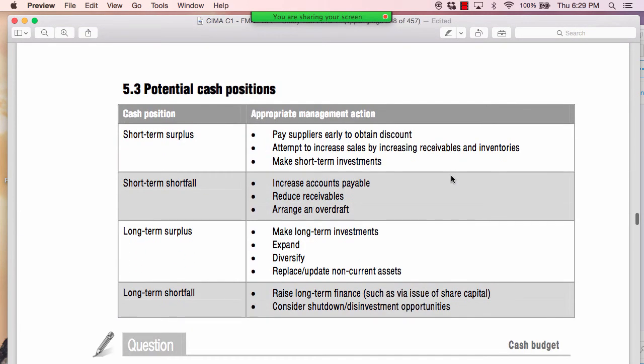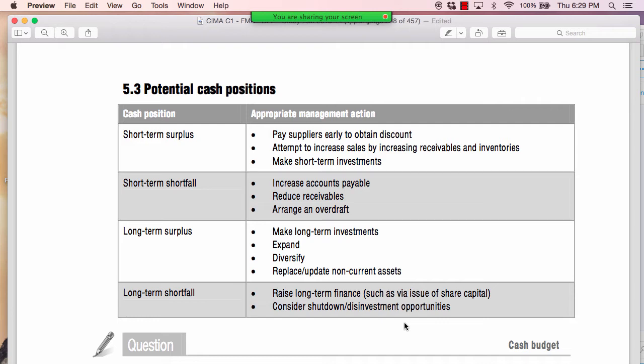Now, in this case, we are talking about potential cash positions, right? We can have short-term surpluses. What do we do if we have short-term surpluses? What do we do if we have short-term shortfalls? Long-term surpluses, what do you do with that?